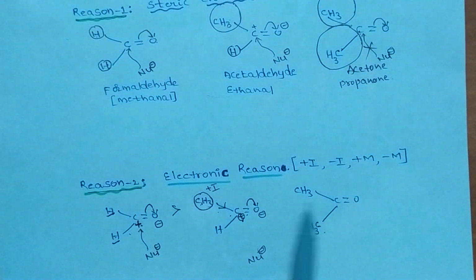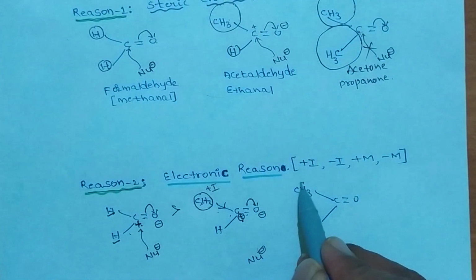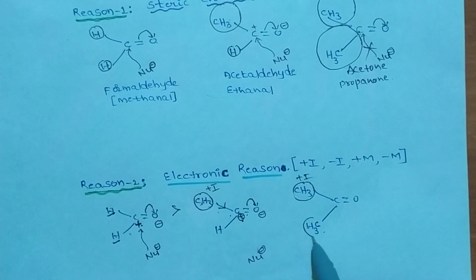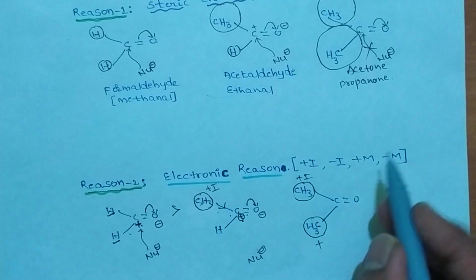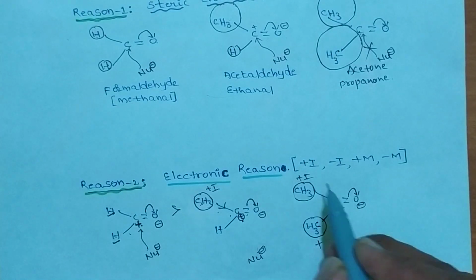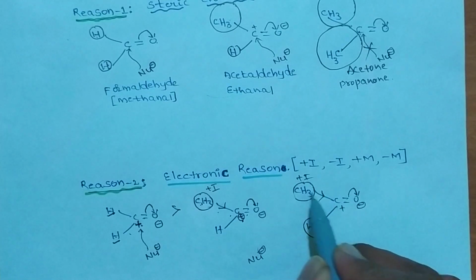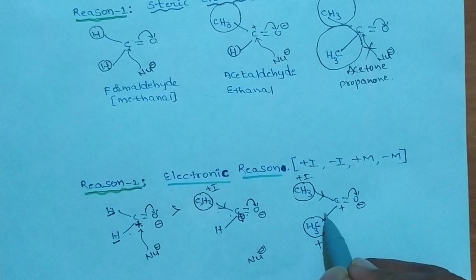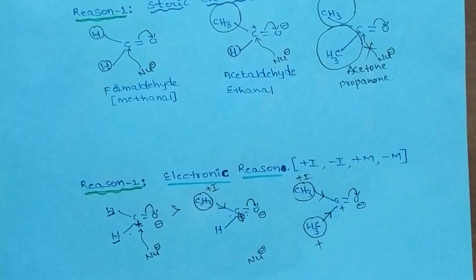Next, this one, propanone. Here this is a plus I effect. Now this is also an alkyl group, it also has a plus I effect. Now here two plus I effects are there. So this group is giving electrons to the carbonyl carbon, and this group is also donating electrons to the carbonyl carbon.